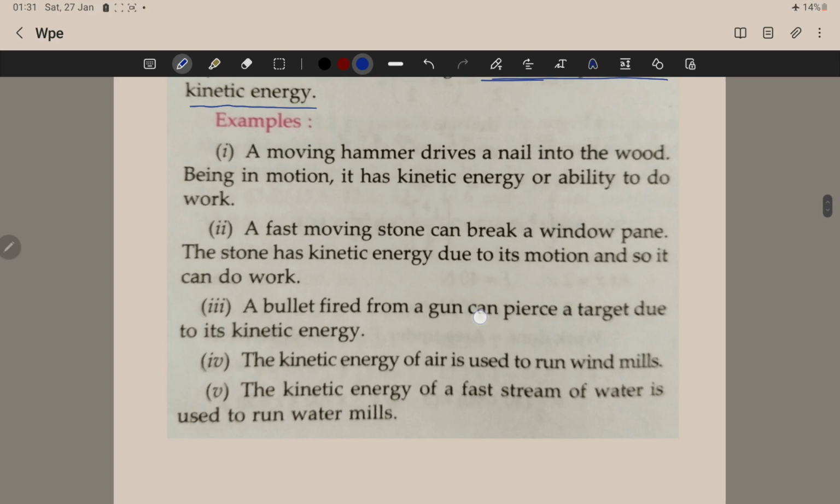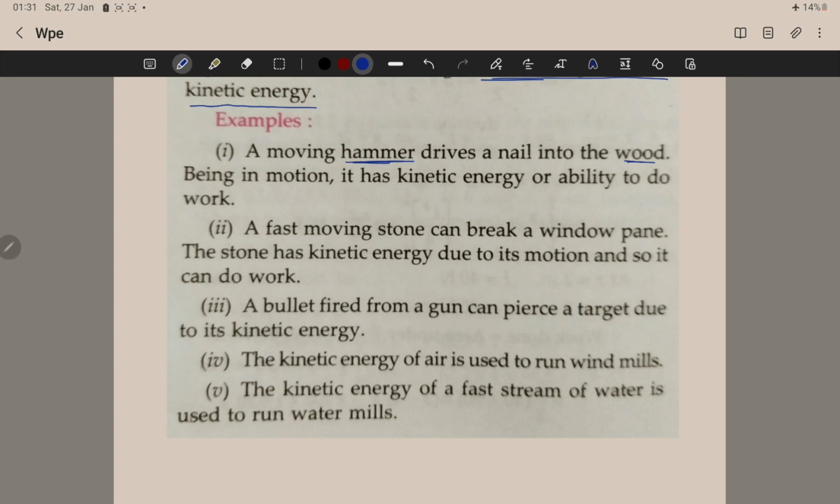Okay, here are some examples. A moving hammer drives a nail into the wood. Being in motion, it has kinetic energy, or the ability to do work. Because of the motion of this hammer, it drives the nail into the wood. Whenever there is a motion of the hammer, the hammer has some kinetic energy.